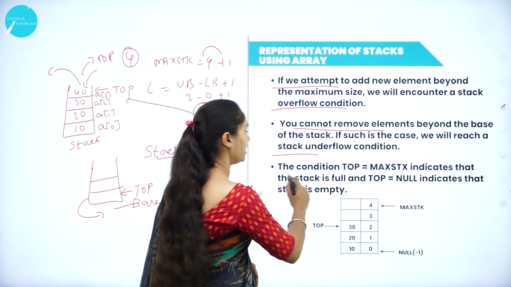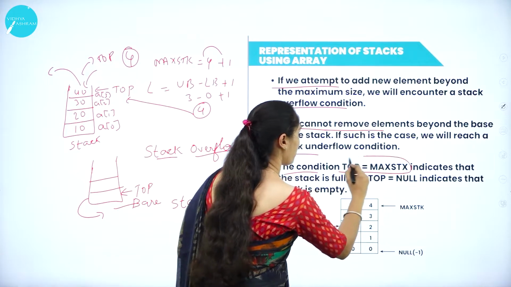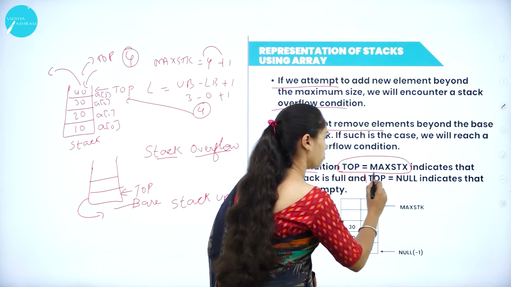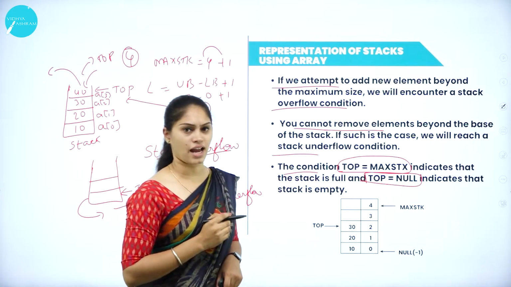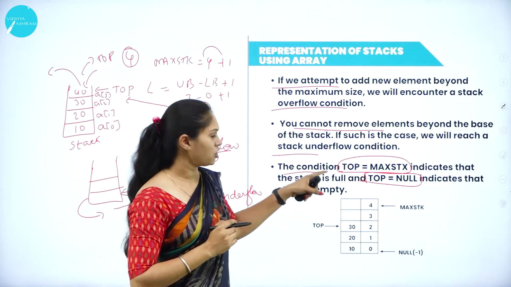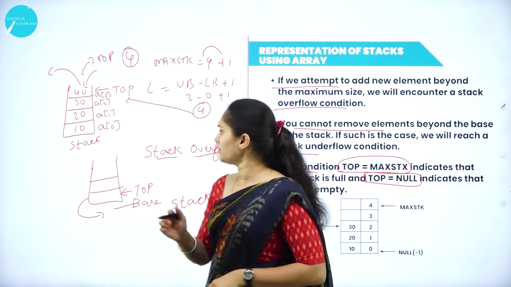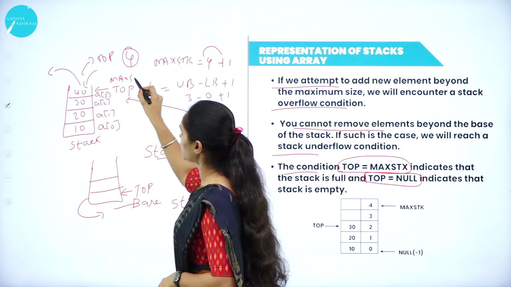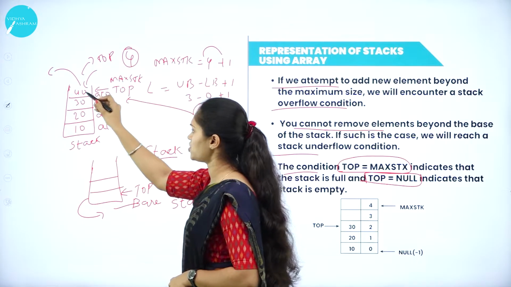So the condition top is equal to max stack. These two are very, very important, and you have to understand them. When top is equal to max stack, that means top is here and the maximum size of the stack is also pointing to the same position.